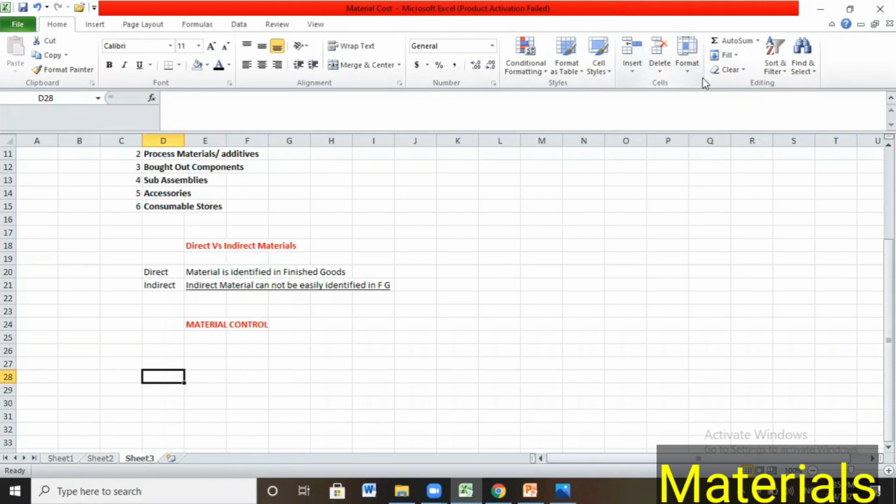That means you should not carry huge stock, which becomes the reason for wastages. And material control is the safeguarding of the company's property in the form of materials by a proper system of recording, and also maintaining them at the optimum level considering operating requirements and financial resources of the business.